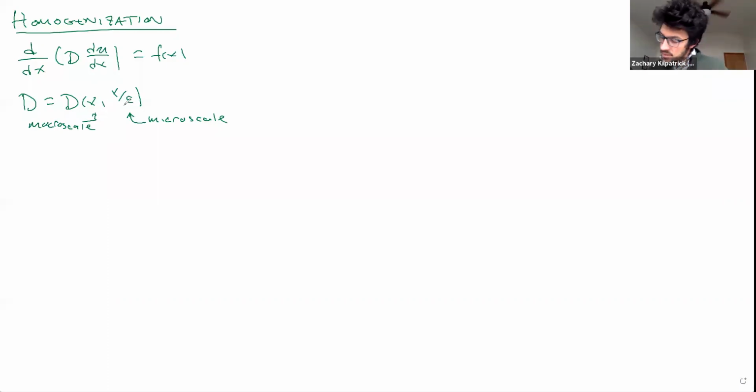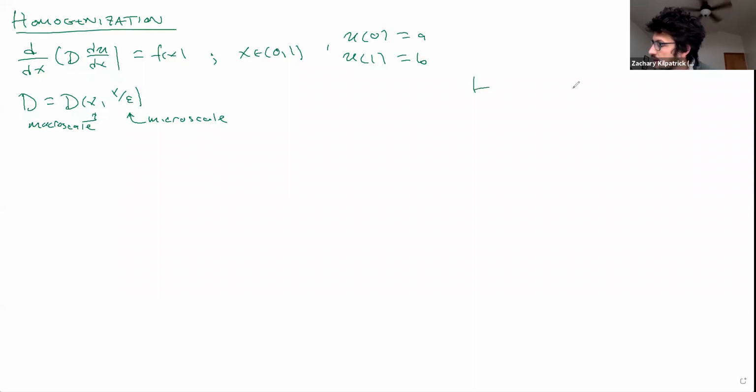For this problem, we had Dirichlet boundary conditions and a general microscale diffusion coefficient, which may result as the steady state of a heat conduction problem, for instance, or some other diffusion process with some additional forcing on the interior.